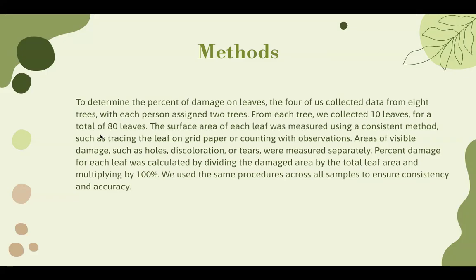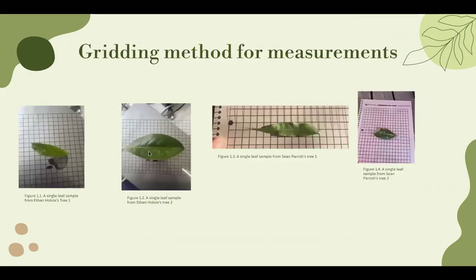First we needed to find the surface area of the leaf in general, and then we found the surface area of the damage done to the leaf, and we put that together and found the percent of damage done. And to present that, we put it in a bar graph for each tree.